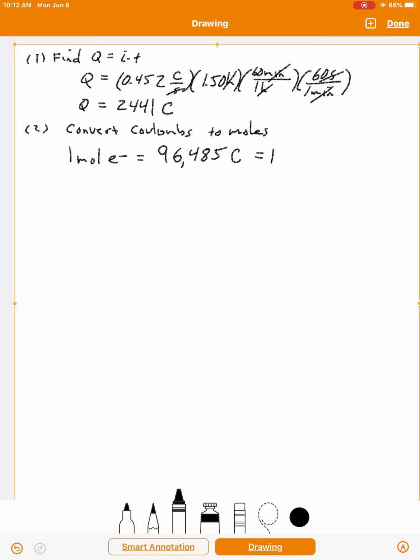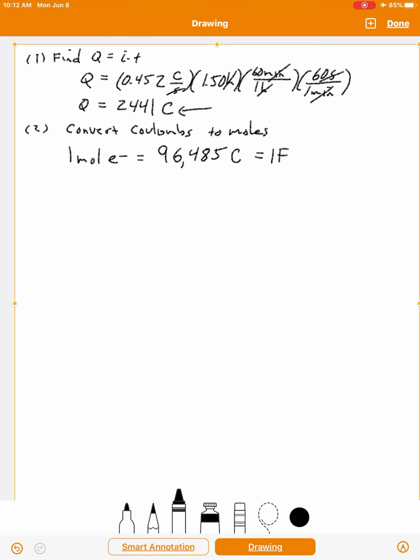And we called that a Faraday. But that's really a conversion factor between coulombs and moles. See, the issue is that in electrical calculations, the unit of electrons is the coulomb, but in chemical calculations, the unit of matter is the mole. So we're going to convert it into moles.